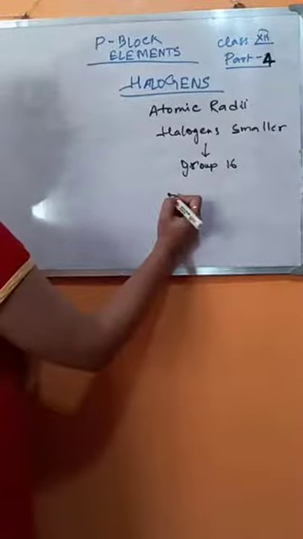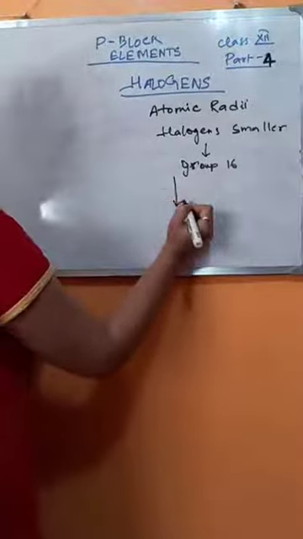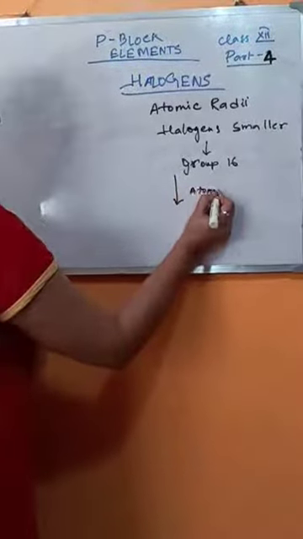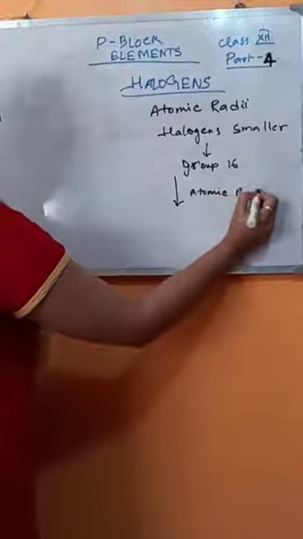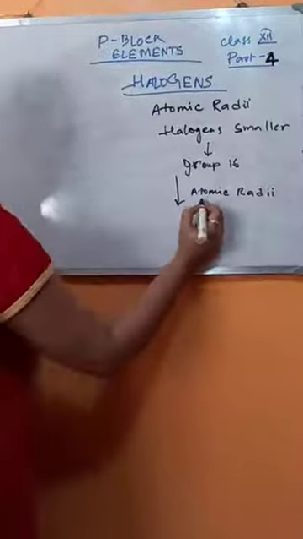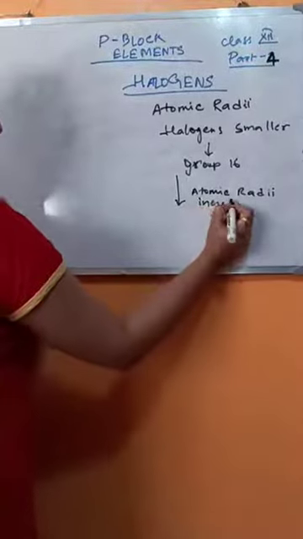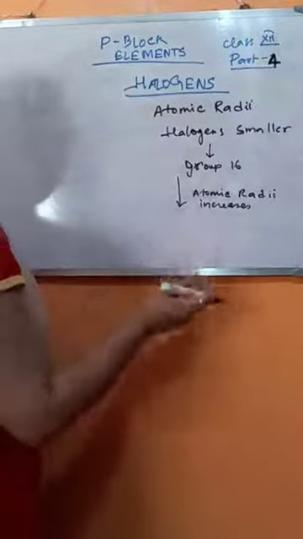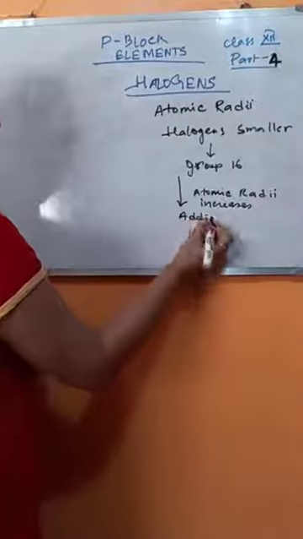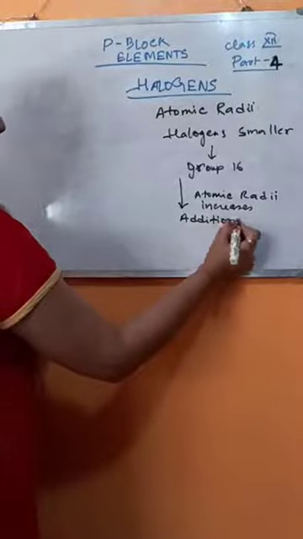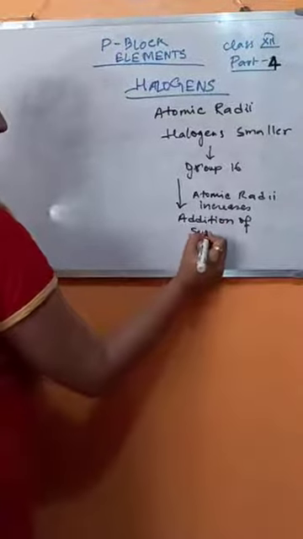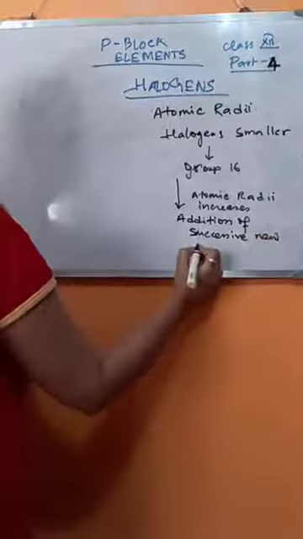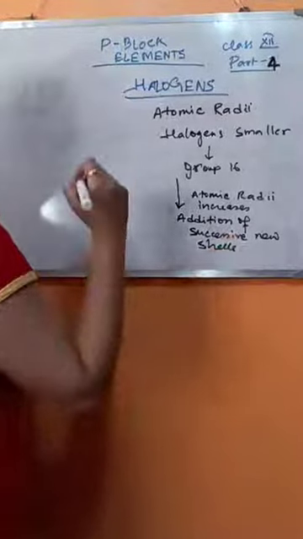And another thing is that as we move down the group, the atomic radii of halogens increases. Now why it increases? Because as we move down, addition of successive new shells. Okay?